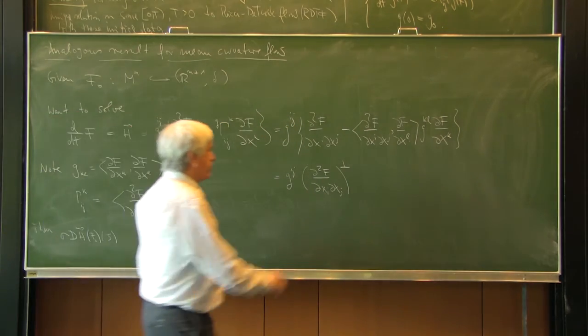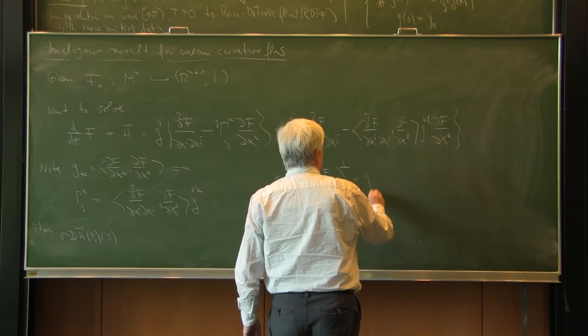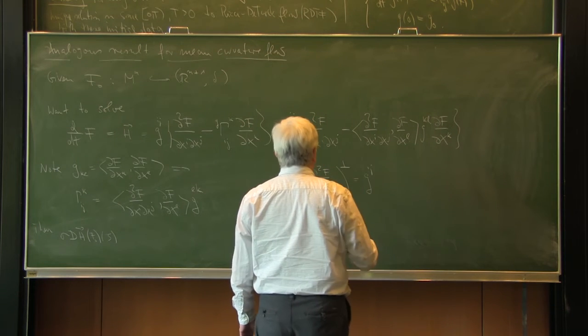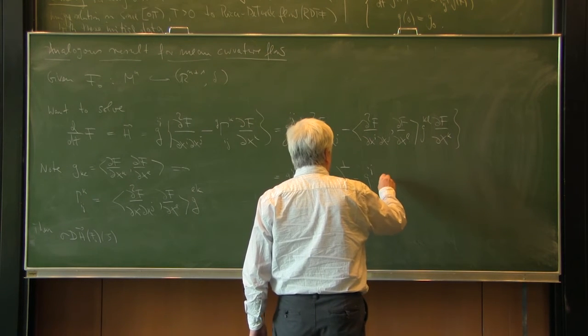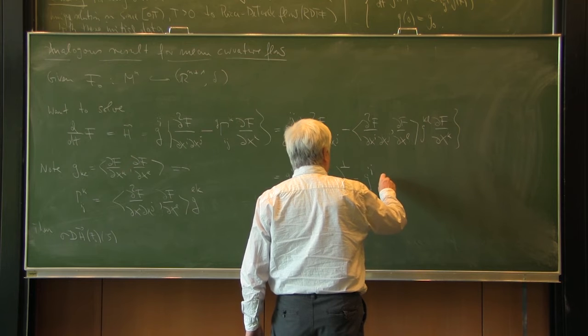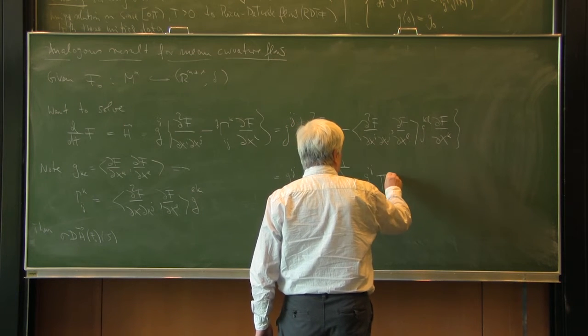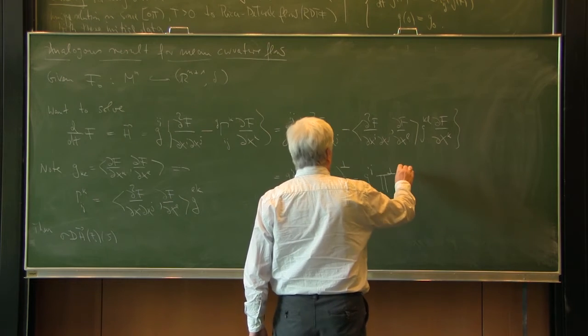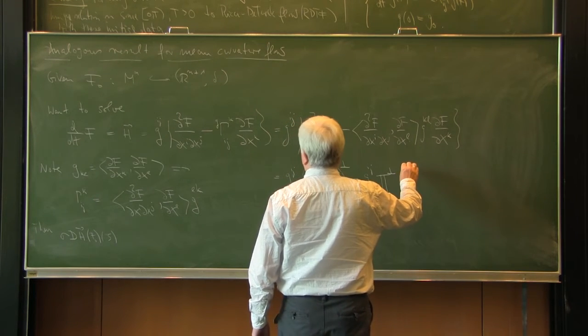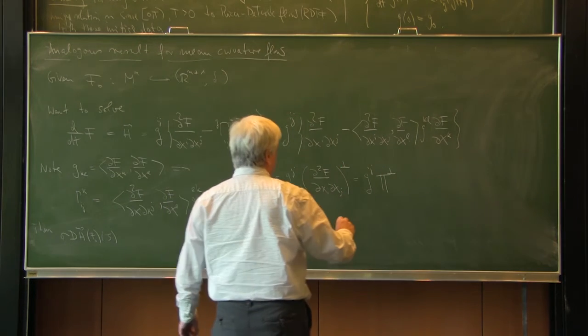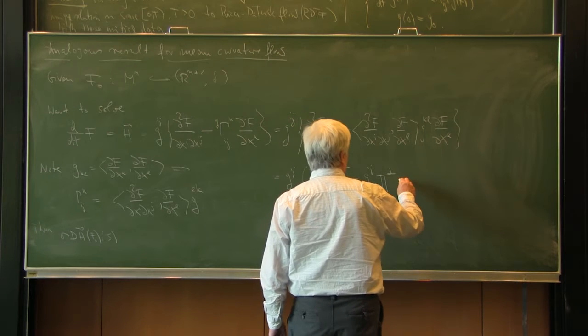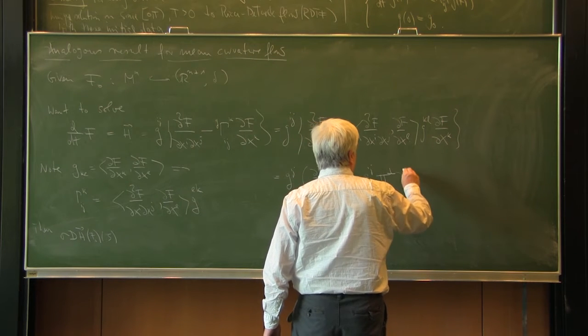I guess another way of writing this would be g^ij of the projection normal of the second derivatives of f.